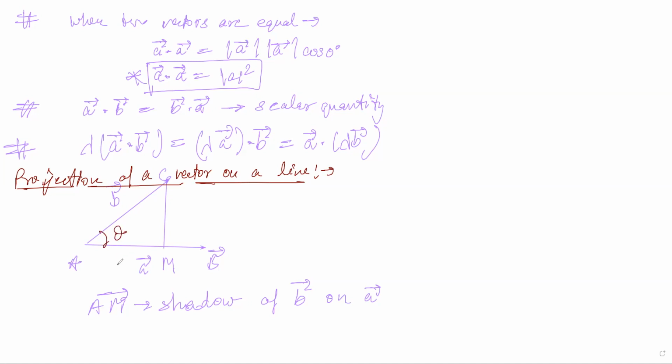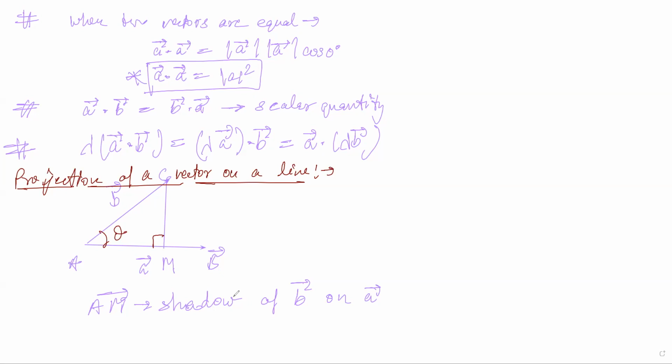Right? Shadow is basically a synonym for projection. So if we talk about the shadow of B on A, this would be the length equal to AM, right? And AM is basically the perpendicular from C on A. So this would be the shadow, or rather projection, of B on A.